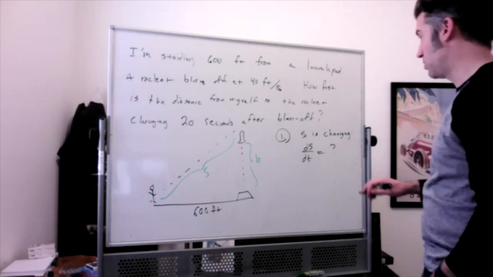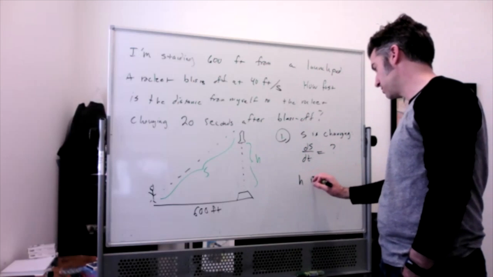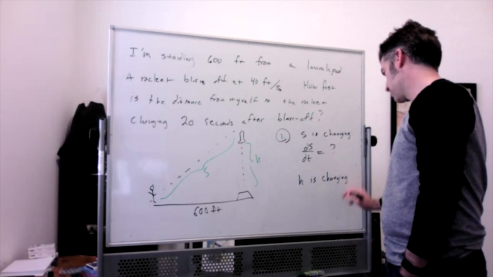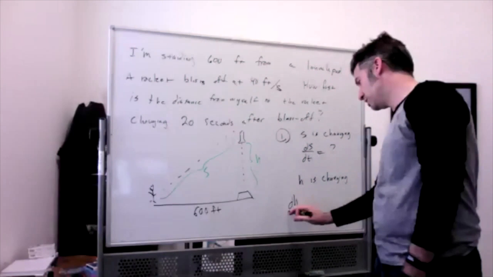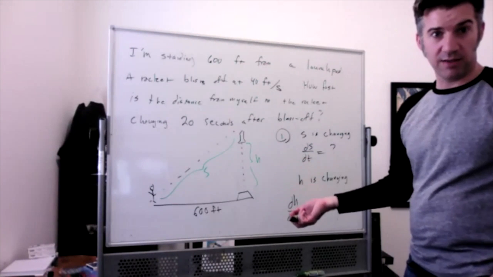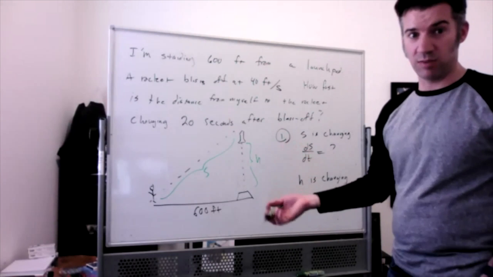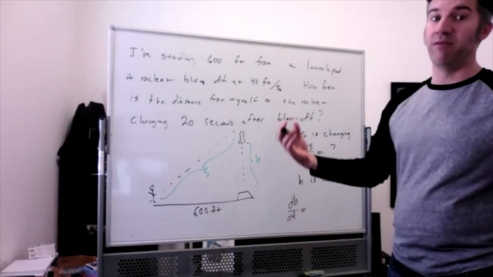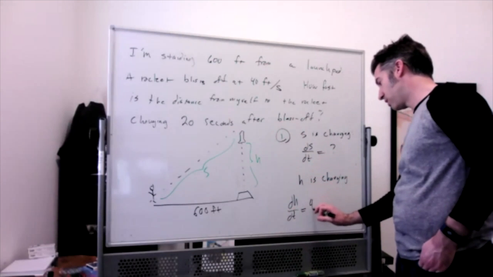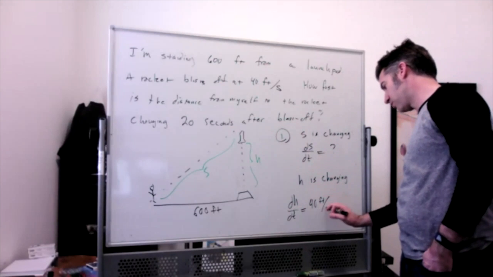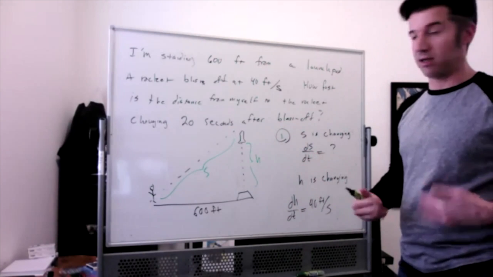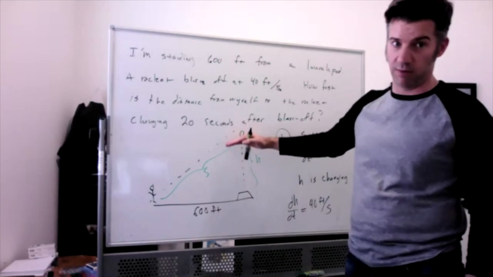And then we also know that the height is changing. dh/dt is the rate of change of the height, or the change in position with respect to time, or the velocity, or the speed, if you like. That's going to be 40 feet per second. The height is changing at a rate of 40 feet every second. The rocket is going up 40 feet every second.